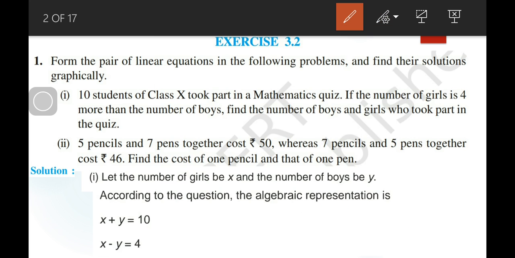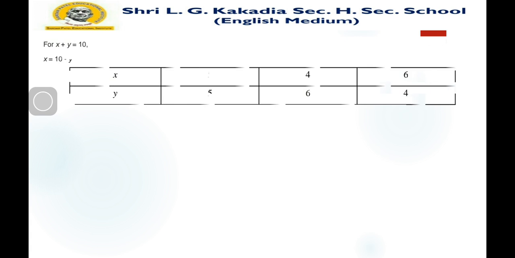So we get such a table. For the first equation, x plus y is equal to 10, we want to put the value of y. So we take x as the subject and we get x is equal to 10 minus y. Now let me put the value of y and we get the value of x. According to the value of x and y, we take values between 0 to 10, so that we get the graph according to the size.